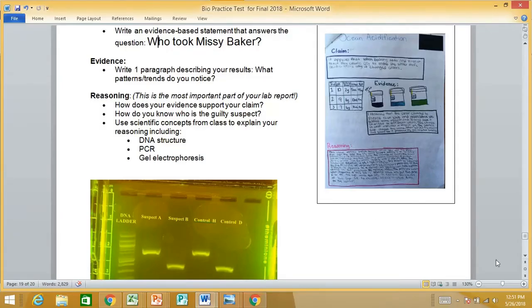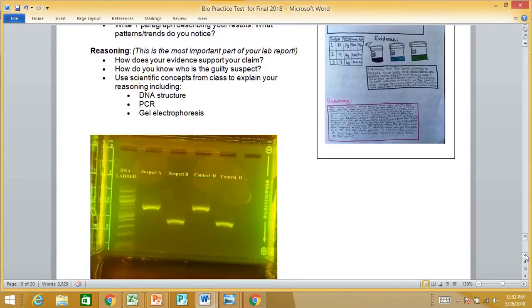So now you can see the gel, and you can see that here's our DNA ladder. And just a reminder, this DNA ladder is not one type of DNA, it is a whole bunch of different lengths of DNA. And so it's literally this ladder of these different lengths.